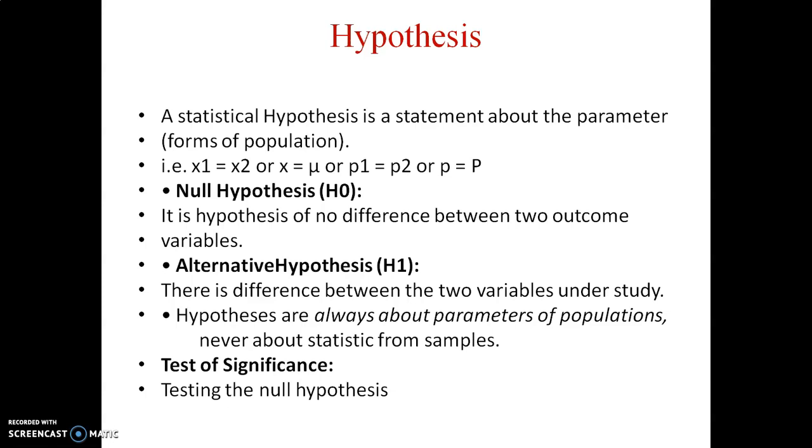Whatever claim you make is in the form of the null hypothesis, and against it is an alternative hypothesis. The null hypothesis is always denoted by H0, and it is a hypothesis of no difference between the outcome variables. And the alternative hypothesis is defined as H1, that there is some difference between the two variables under study. The hypotheses are always about the parameters of the population, never about the statistics from samples.